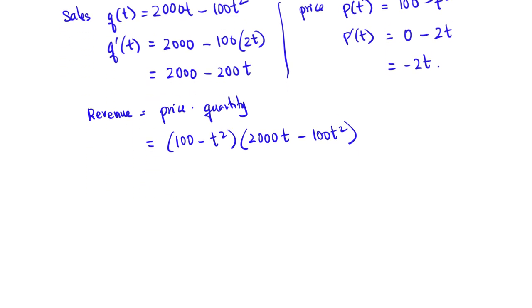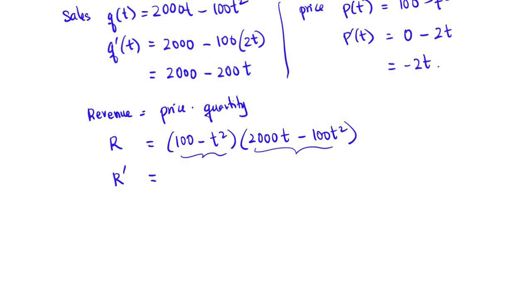We can expand this and then take the derivative, but now that we know the product rule, we simply use the product rule as a shortcut, where R prime, or the rate of change of the revenue, is, this is the first factor and this is the second factor.